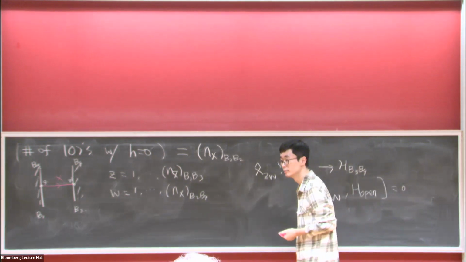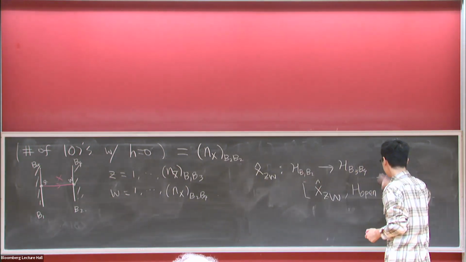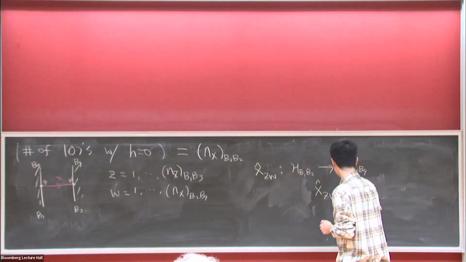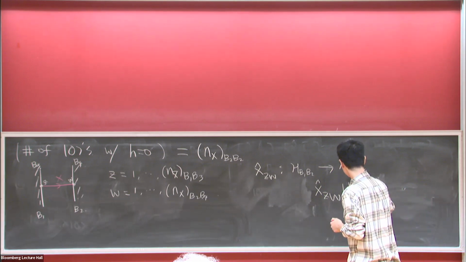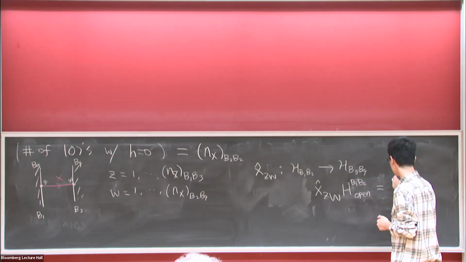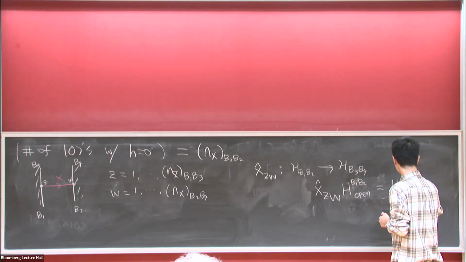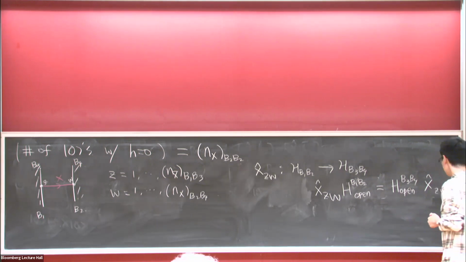What you really mean is that the Hamiltonians are different for the two sides. Exactly. Yeah, so let me write it correctly. What I mean is that this for B1, B2 will be the same as this.